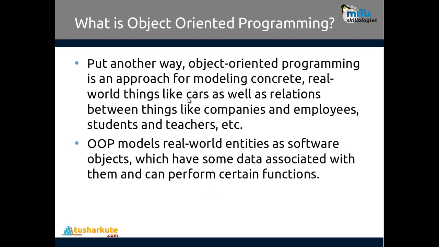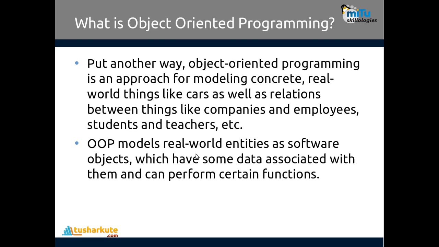Now, put another way, OOP is an approach for modeling concrete real world things like cars. Like I want to create a car, so I can create an object of car and define its properties and behaviors. Or employees or companies, students, teachers, we can create everything in the form of an object, and its properties and behavior will define it. Based on that, this object will be created and used further in the programming.